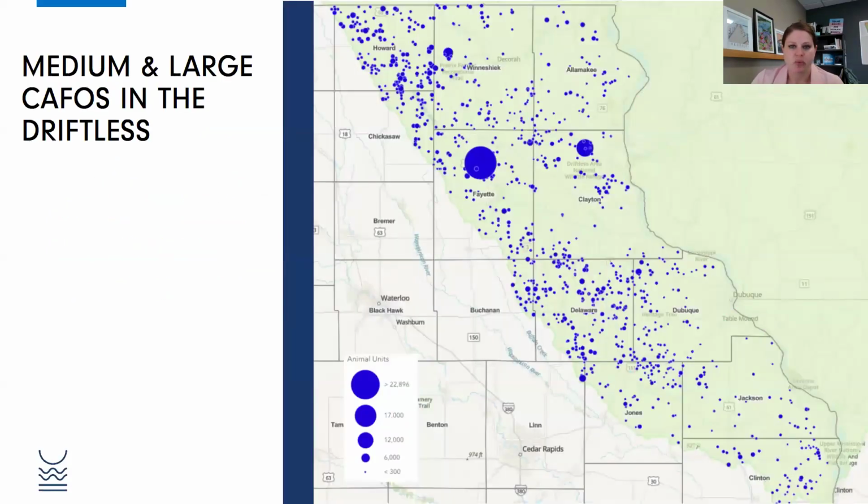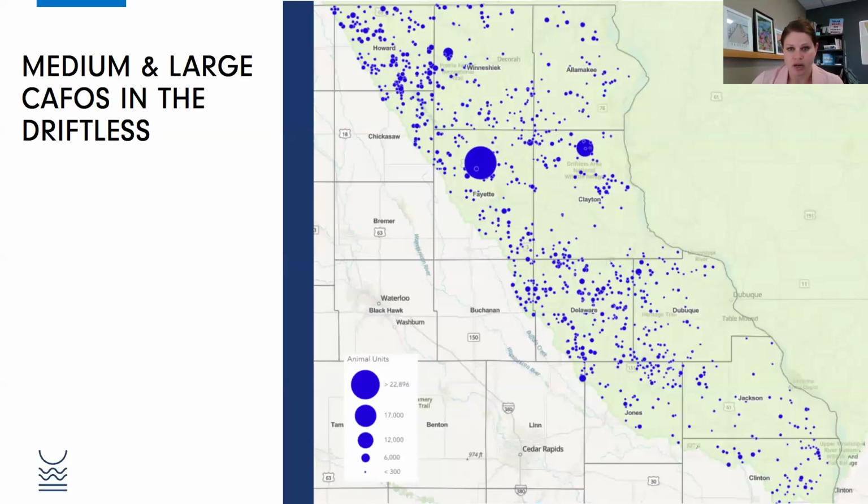So in this region, we have a lot of medium and large CAFOs, or concentrated animal feeding operations. CAFOs are common in our state as a whole, but there are also, of course, many of them there in the Driftless region. CAFOs have a lot of animals, and they produce a lot of manure.